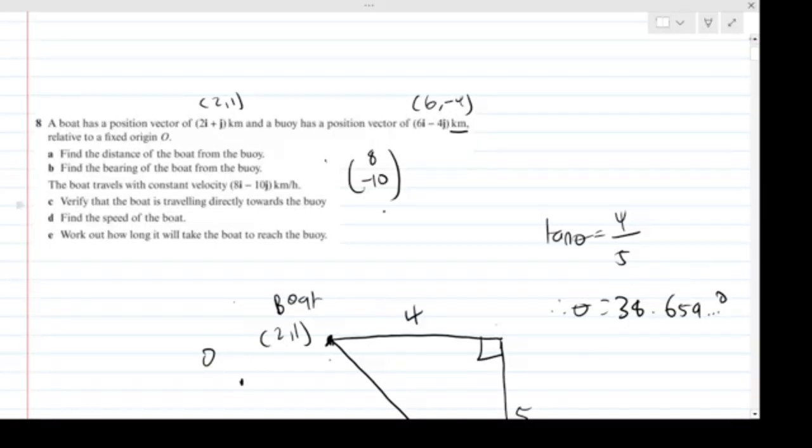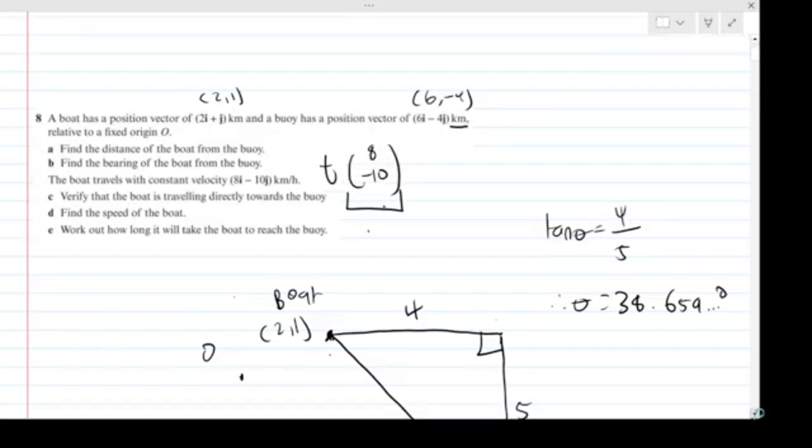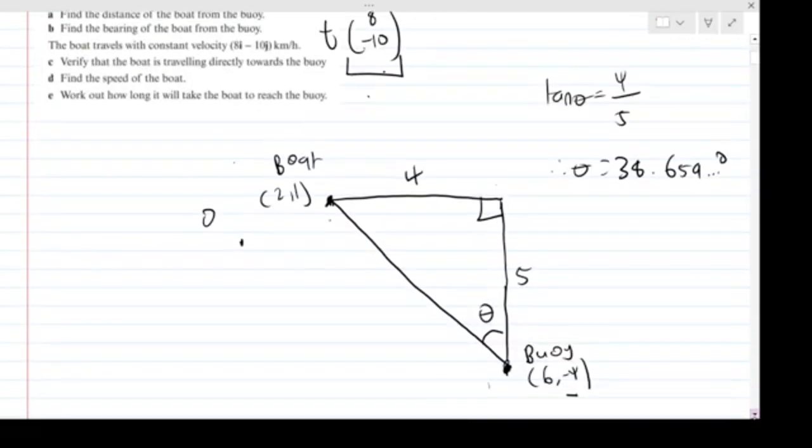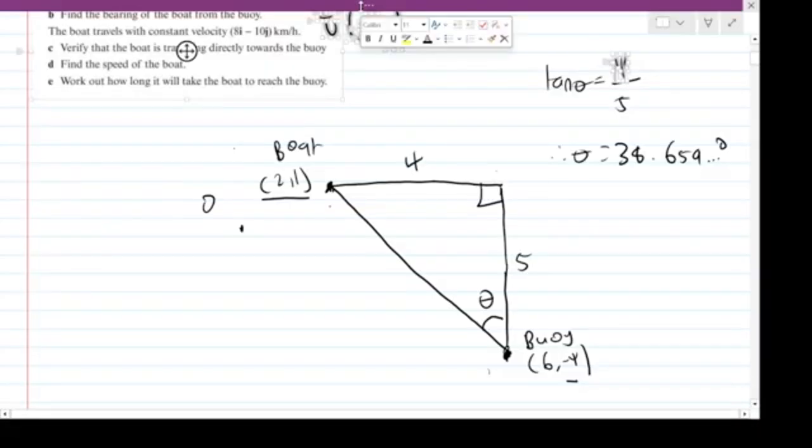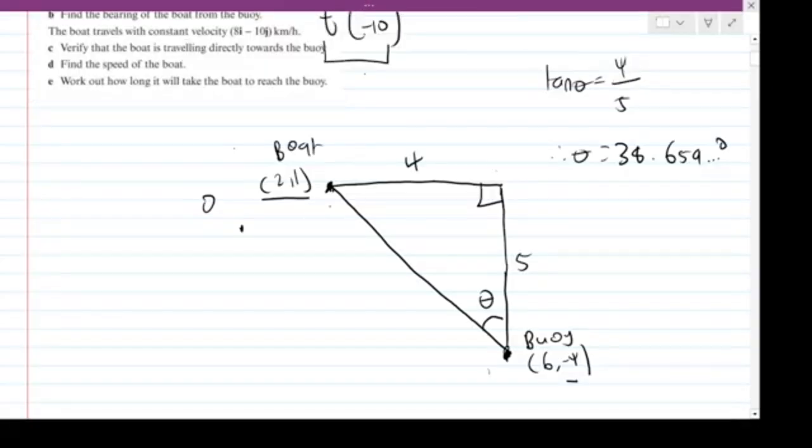In T hours, we can add T amounts of the vector (8, -10) to the point at the boat. Eventually, for some time T, after we've added T amounts of this velocity, I will end at my buoy.